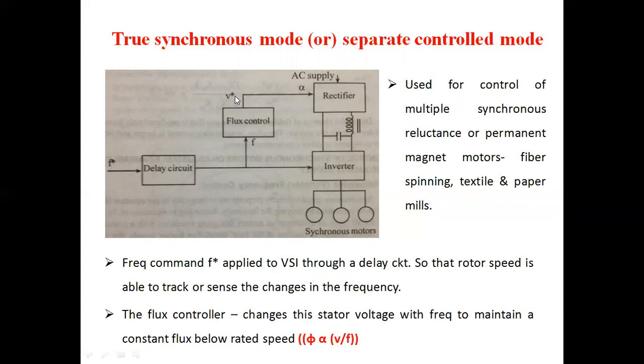By comparing the two voltage signals, the firing circuit generates the firing pulses for the rectifier circuit. So it is called true synchronous mode or separate controlled mode, because we use a separate external frequency signal to control the synchronous motor drive.